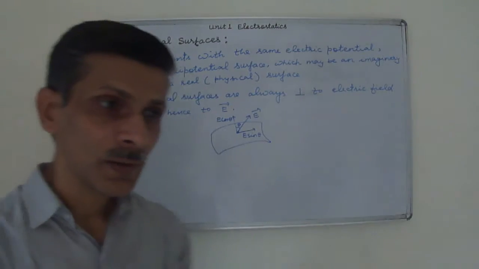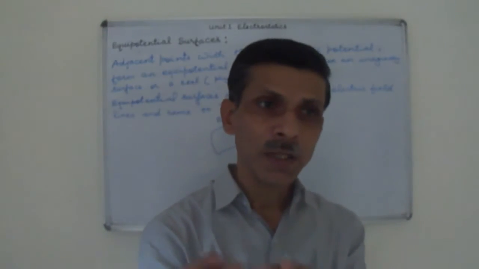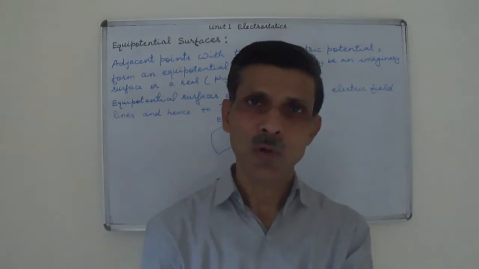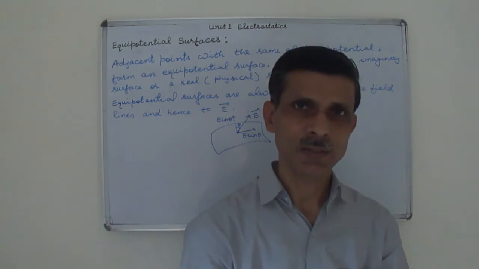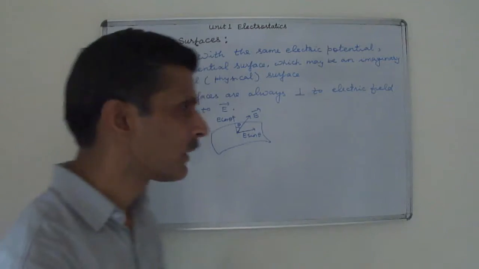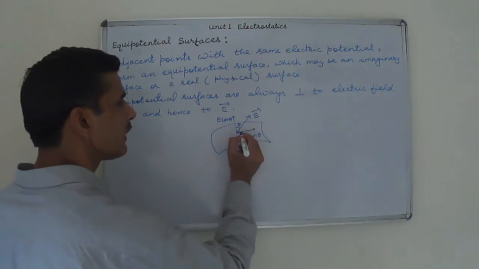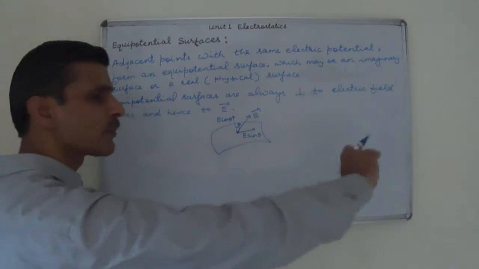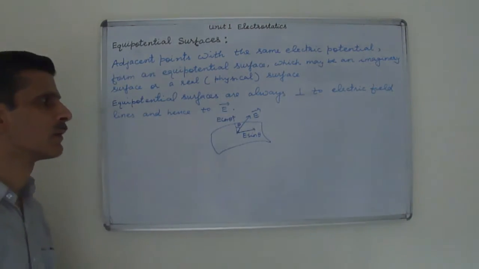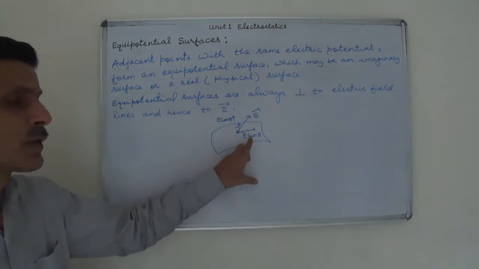But we know that no work is done in moving a charged particle from one point to the other on an equipotential surface by an electric field. So this means this component E sin theta, the tangential component of electric field, should be 0.